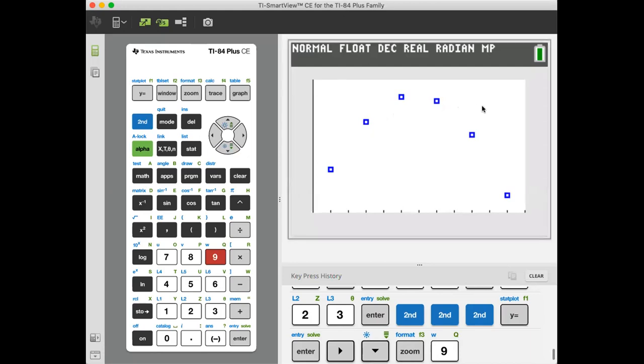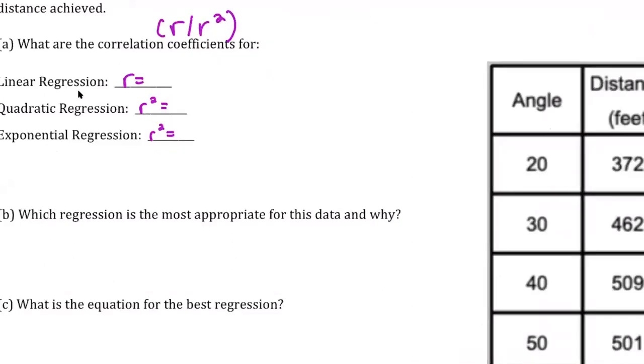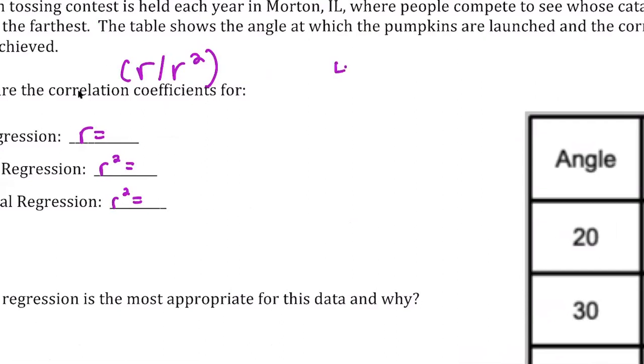If you will remember, each of these three different types has its own shape to its graph. If we're looking at a linear function, all of your points are going to look somewhat like a pretty straight line.